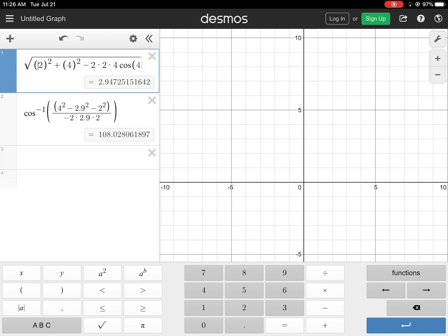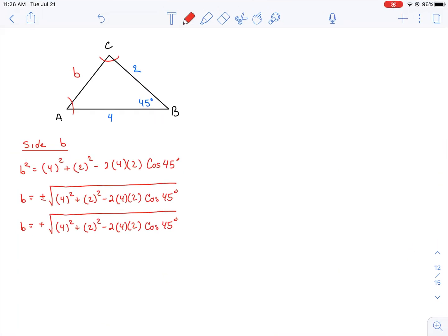So it looks like the side length B is approximately 2.947, but we're going to round that to 2.9. Okay, so that is approximately 2.9.